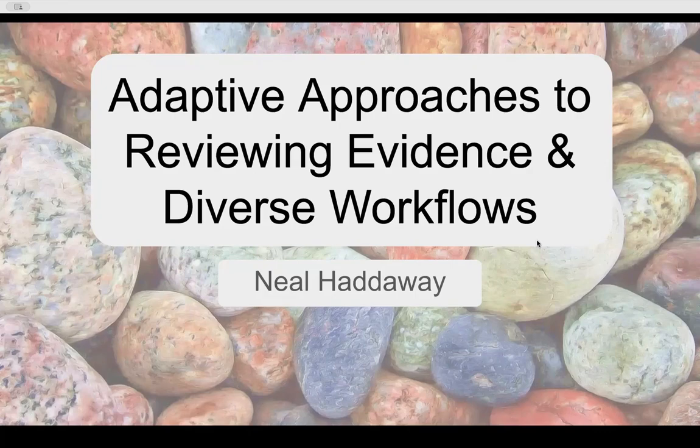When I've been mentoring and working with people, and on my own projects, we've tried to engineer the methodology in a way that compensates for the diversity in the reasons that we're doing the reviews and the complexity of the evidence base, and tries to adapt the methodology to best suit what we want out of it and what we can do with the resources that we have at our disposal. So that's what I'll be introducing.